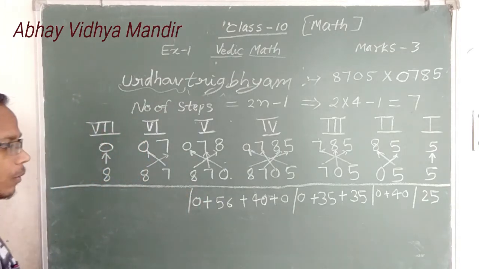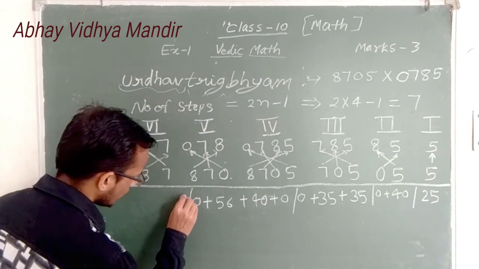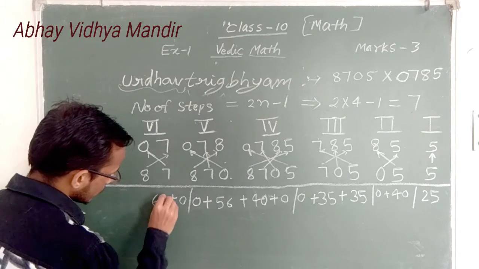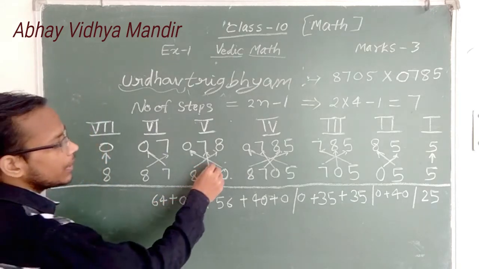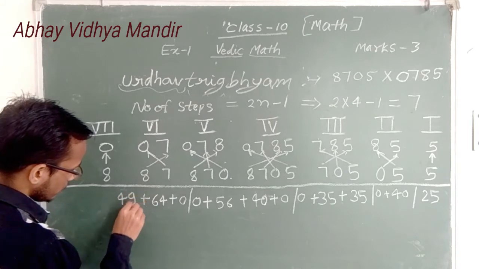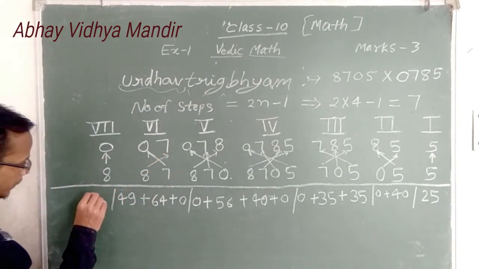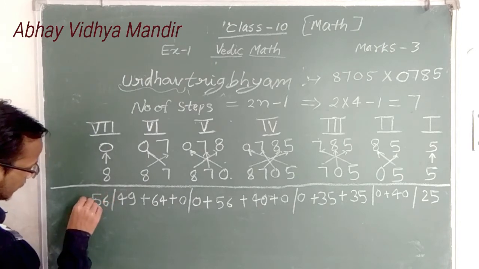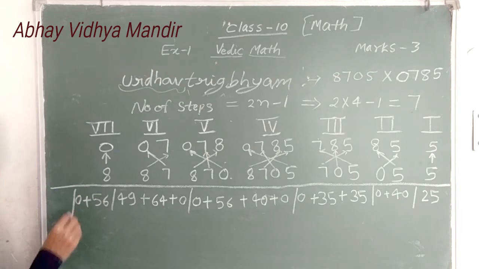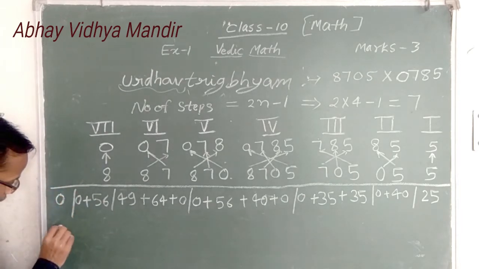Then 0 times 0, 0; 8 times 8, 64; 7 times 7, 49. Oblique: 7 times 8, 56; 7 into 0, 0; and 0 into 8, 0.